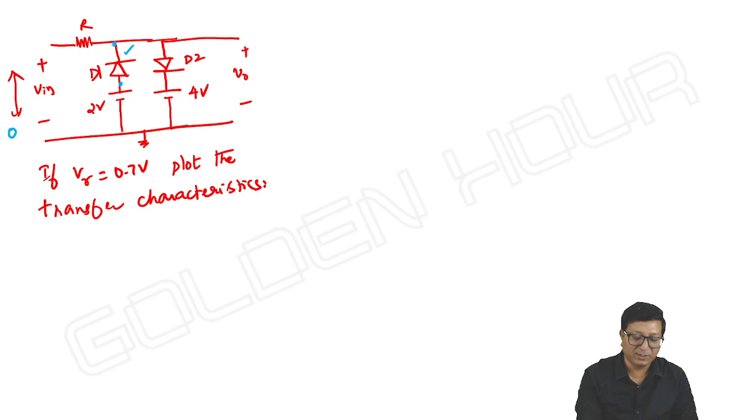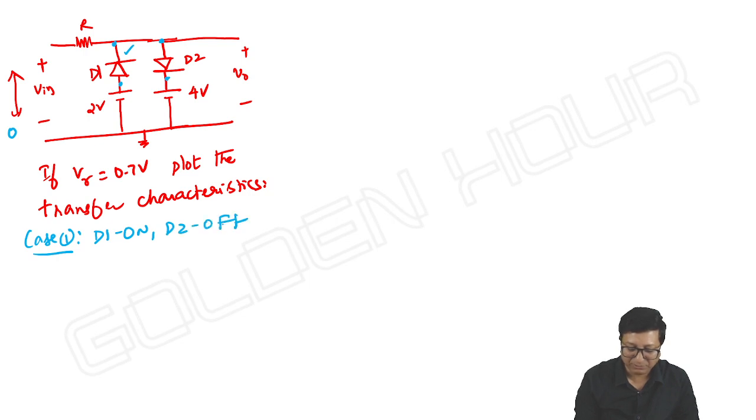Once D1 is on, keep it aside. And what about D2? The anode of D2 is going towards 0 and its cathode is going towards 4 volts. D2 is off. So the first possible case, case 1, as usual, D1 is on and D2 is off.